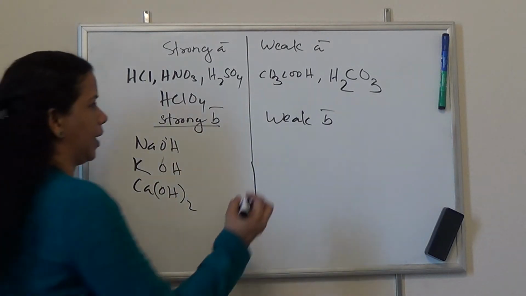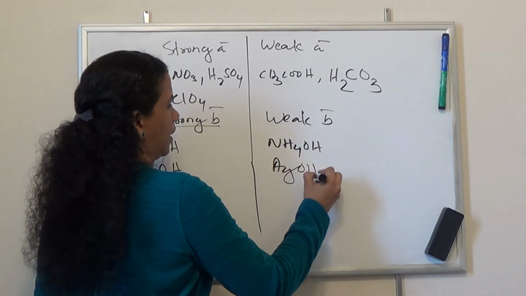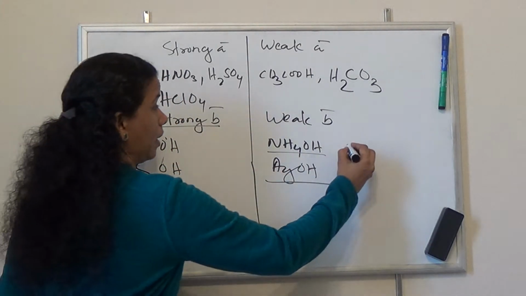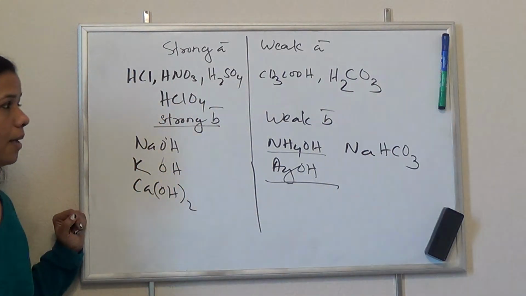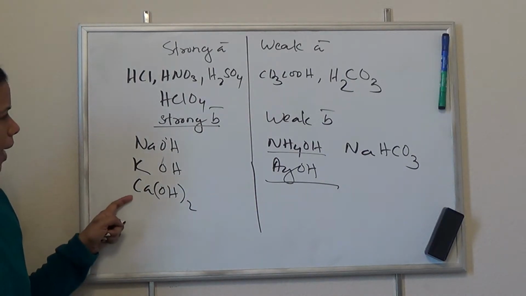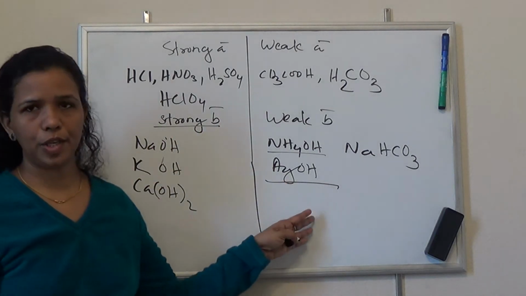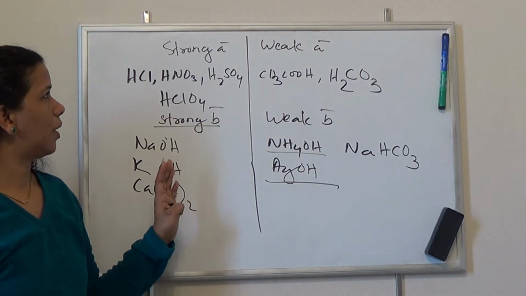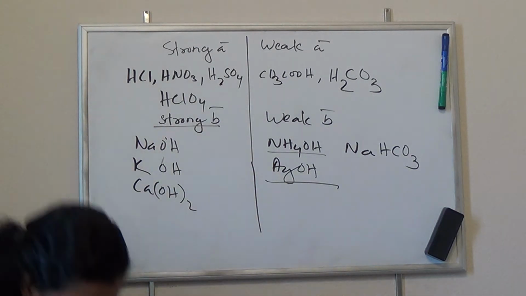Then weak bases: a very good example for a weak base is ammonium hydroxide, then silver hydroxide, then sodium bicarbonate. All these are examples for weak bases. So metals of low ionization enthalpy, their hydroxides will always be strong bases, others will be weak bases. So just understand the difference between strong and weak for doing calculations based on that.